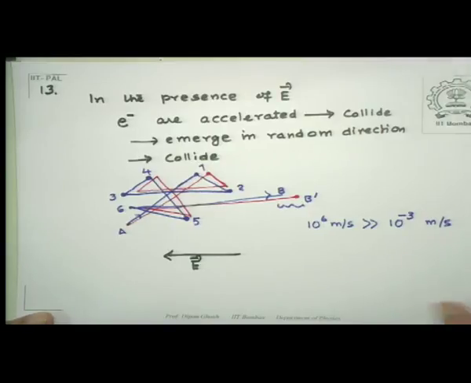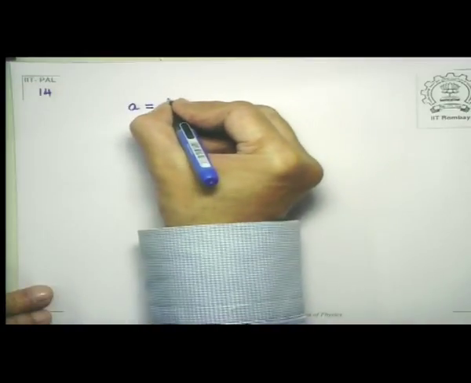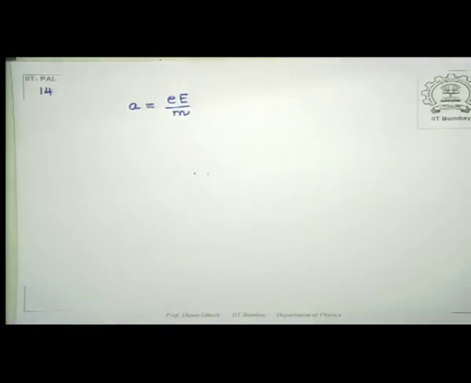Now let us look at what exactly is the dynamics a little more quantitatively. So you notice that in the presence of an electric field, the acceleration of the electron, of course direction we know is opposite, is given by eE over m. Mass of the electron is m.